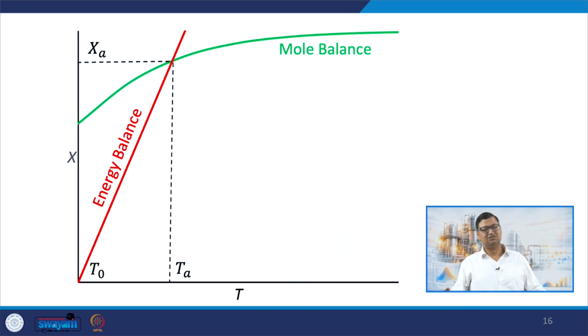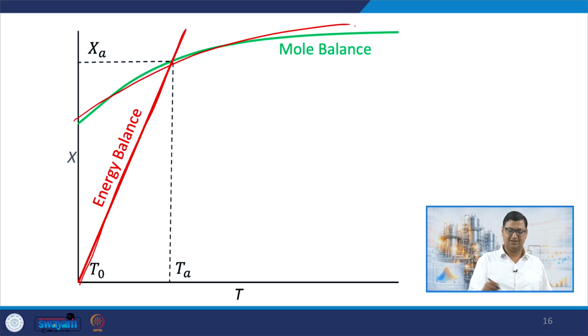As you may expect, the solution is going to be the intersection of what we get from the energy balance and what we get from the mole balance, right? And what the intersection corresponds to is essentially the conversion and the temperature in the adiabatic condition, because we assumed adiabatic condition here. So we have a crossover that will give you what conditions you will achieve in the reactor.